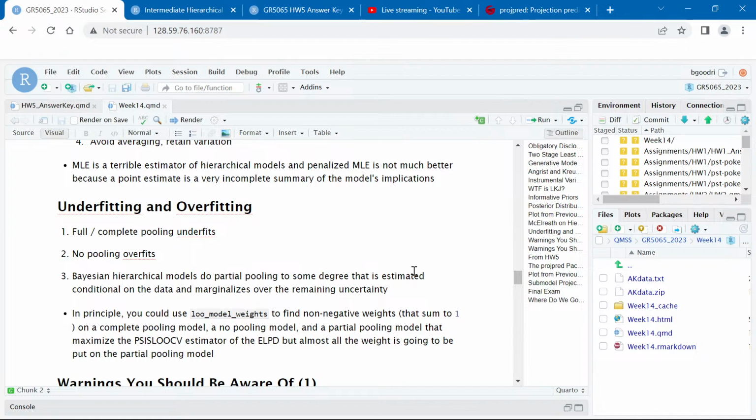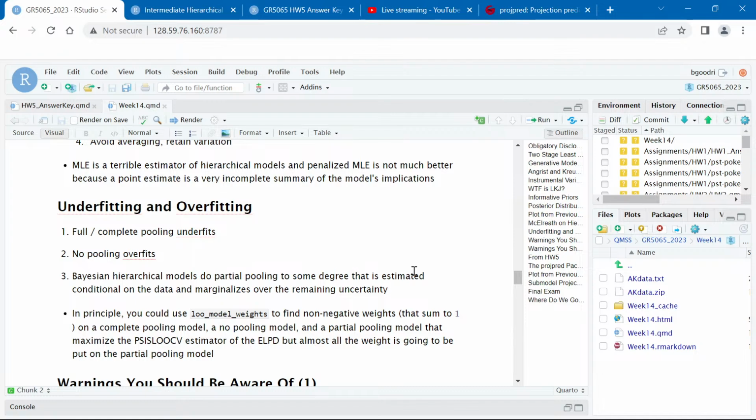And then when we do predictions and other things like that, we're going to marginalize over the remaining uncertainty that we have. It's going to propagate that uncertainty through the predictions, the utility, the decision we make to maximize expected utility, etc. Now, you might say, well, okay, it could be one of these two extremes, or somewhere in the middle might be the best one.